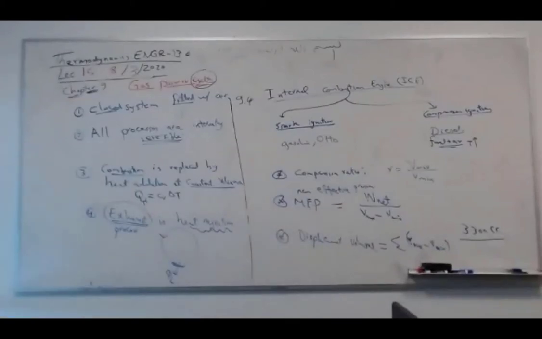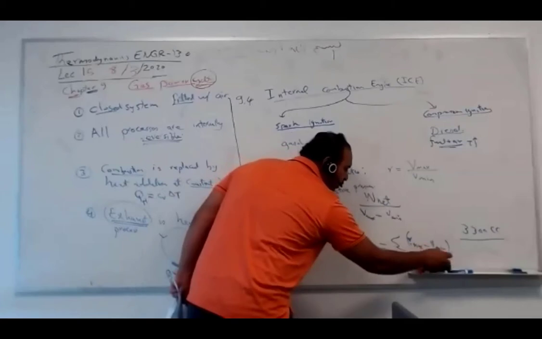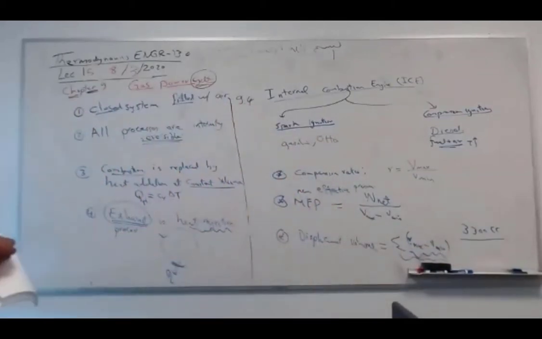It means the total volume, Vmax minus Vmin, for the 4, 5, 6, or 8 cylinders is 3,300 cubic centimeters. The more you have, the better the engine is: the more power you can get, the higher speed you can go, and the more you can carry, for example in a truck. So we wish to have this as large as possible.